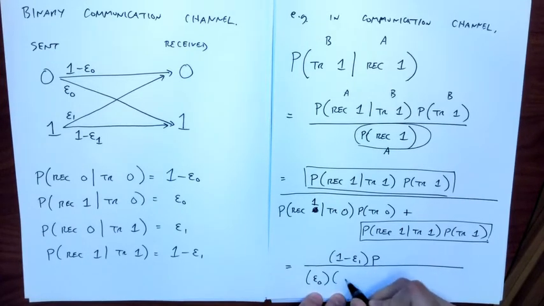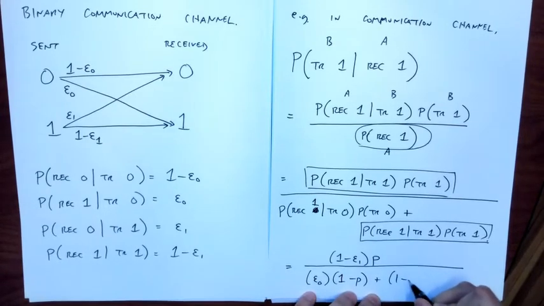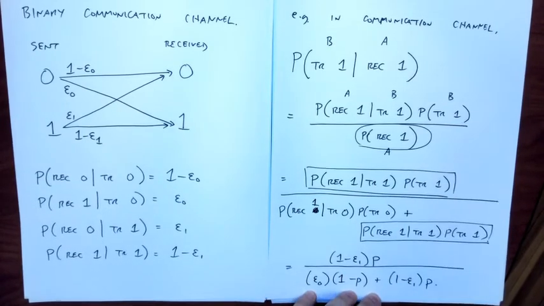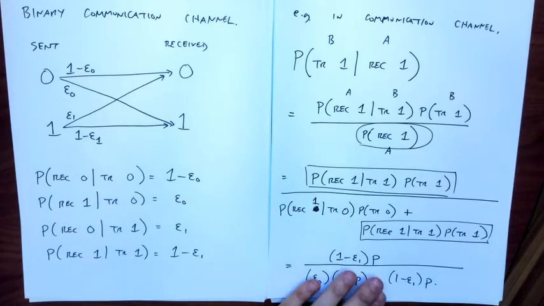The probability that I transmitted a 0 is 1 minus P. And then the probability here is just copying from the top. I can see that this has got to be less than 1 because this denominator can only be bigger than the numerator.